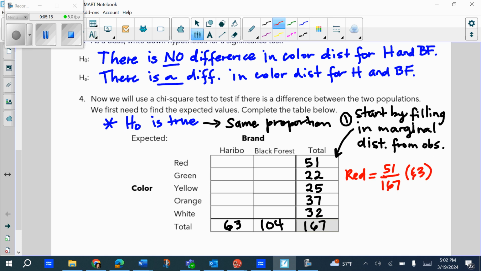That gives me my expected count for the Haribo red. If we do that, we get 19.2. That's going to happen for the entire chart.